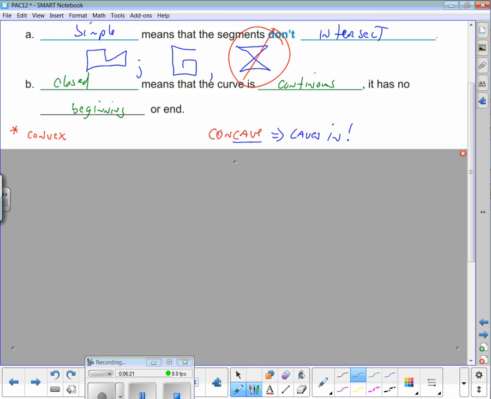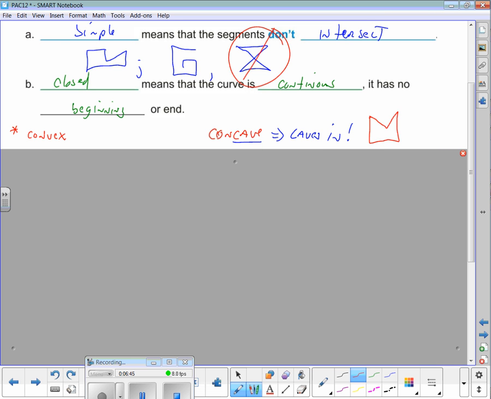So how about something like this? Here's a real simplistic concave polygon. Do you see the cave in part? There's a part that's caved in. It's like a dent. Right? Think of your car. Any of your cars have dents in them? The dent is concave, right?